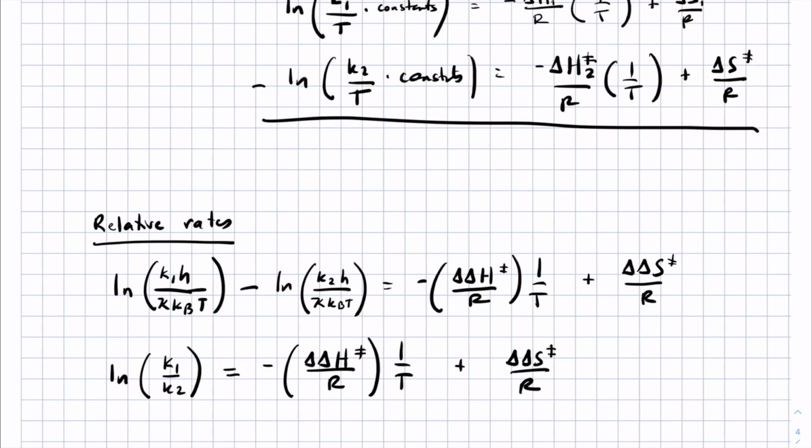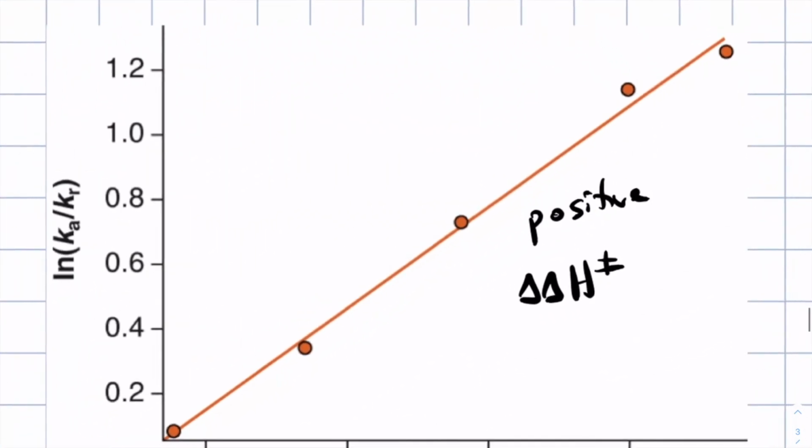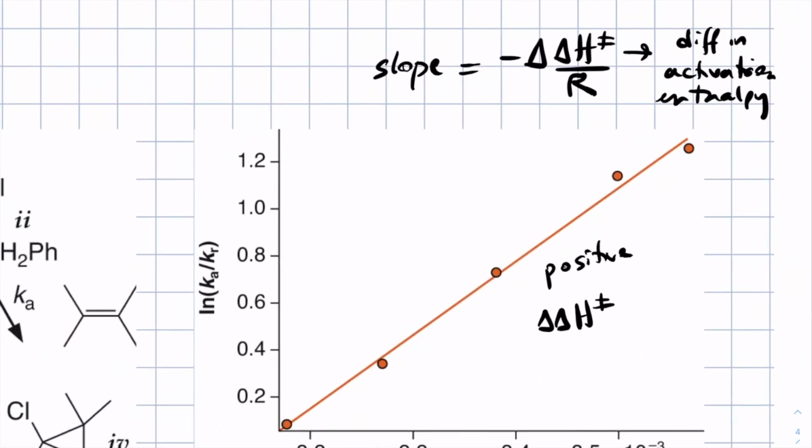So if you plot the ratio of rate constant for process 1 versus process 2, the slope of that is going to tell you about the difference in activation enthalpy between those two processes. So if we look at the graph I was showing you, slope is minus difference in activation enthalpy. The slope is positive.